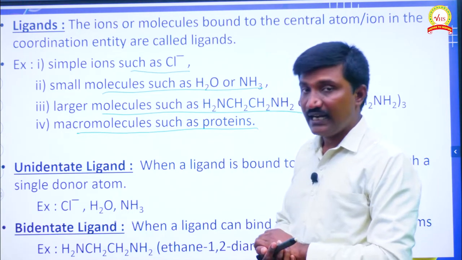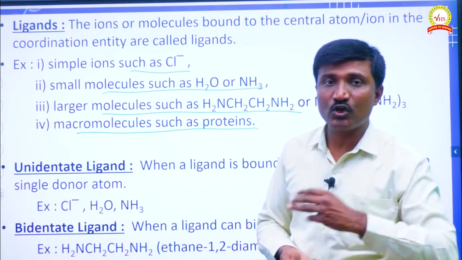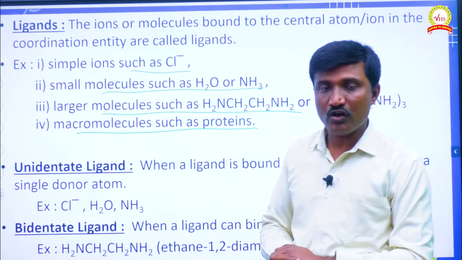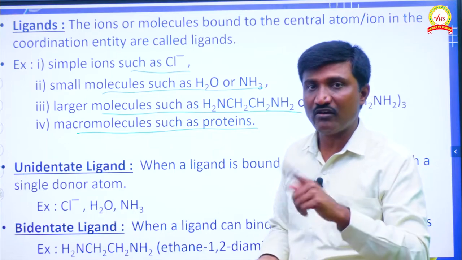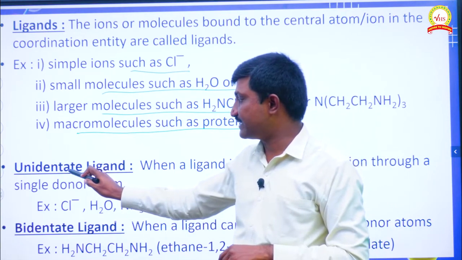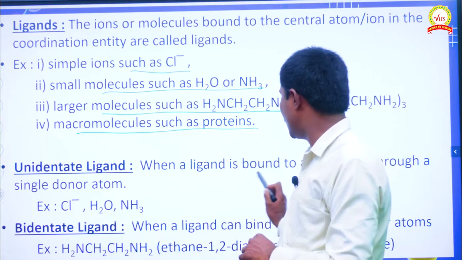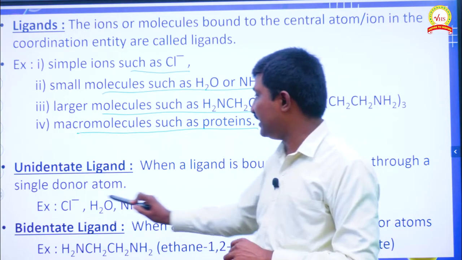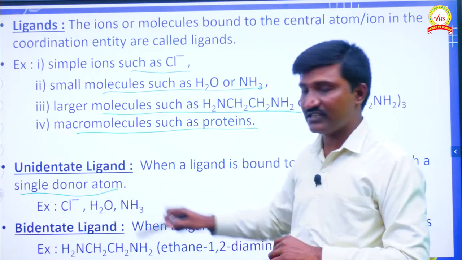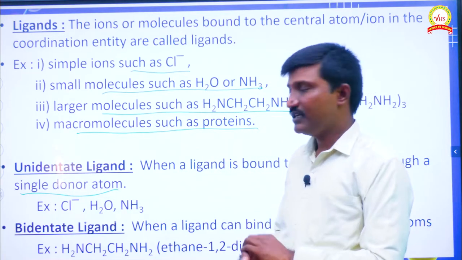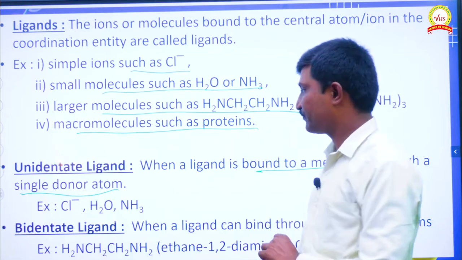But depending on how many atoms are going to donate a lone pair of electrons to the metal atom, we can classify the ligands as unidentate, bidentate, as we discussed. Unidentate means only one donor atom is present, and only one donor atom is going to bind to the central metal atom, right?